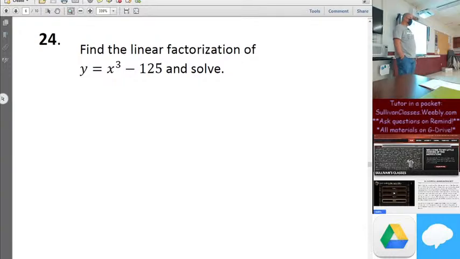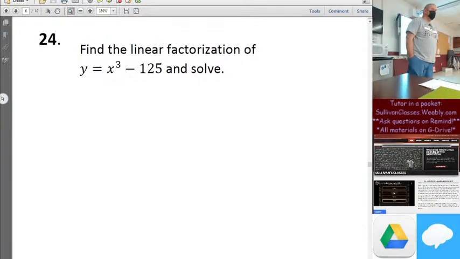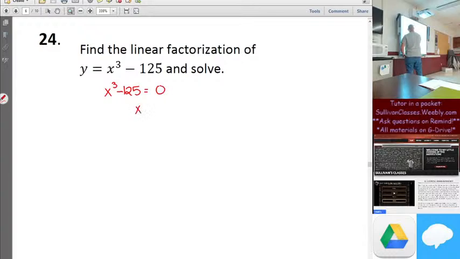Linear factorization and solve. There's a lot of kids who will say, this, and they'll move on with their life.